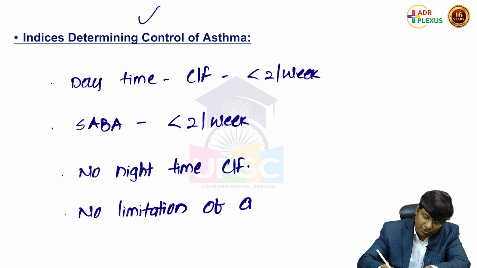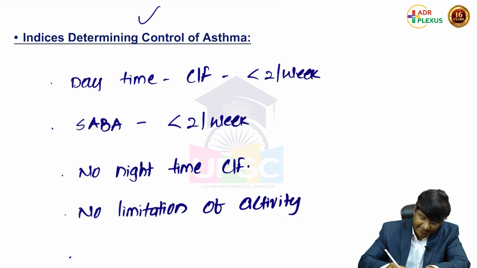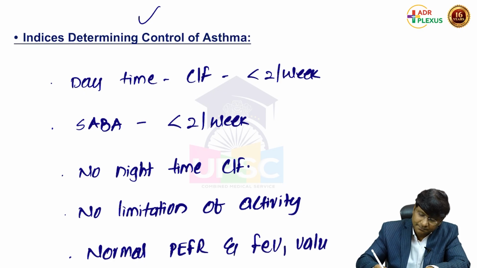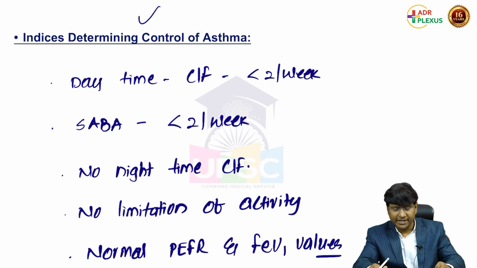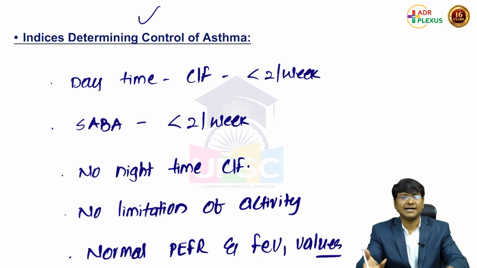And fifth, the peak expiratory flow rate should get normalized, so normal peak expiratory flow rate and FEV1 values. These are the indices which will determine the control of bronchial asthma. So this is about the treatment aspect as well as the assessment of the severity of bronchial asthma.